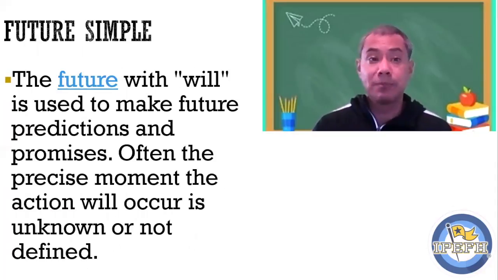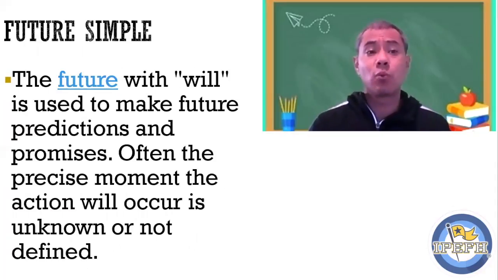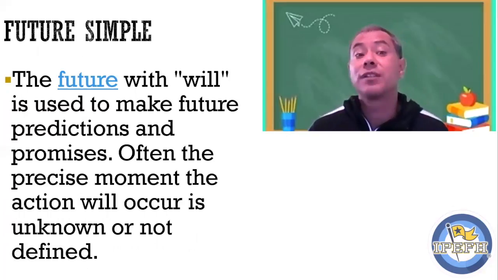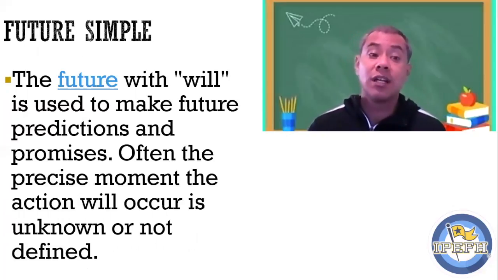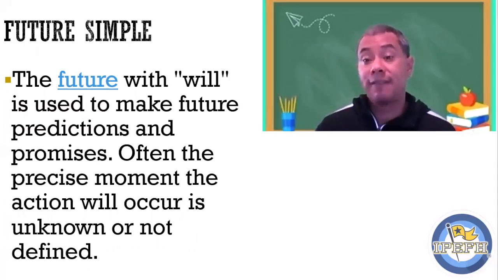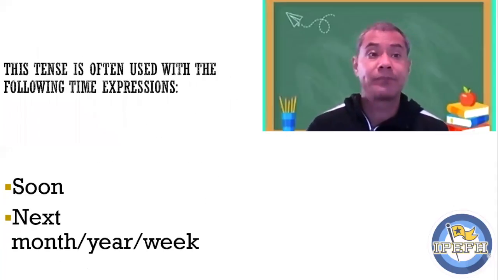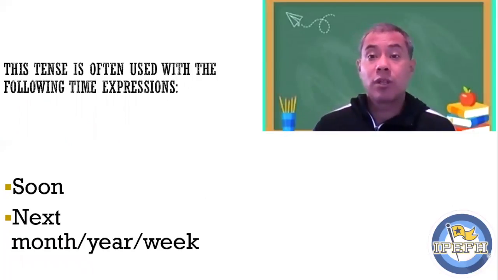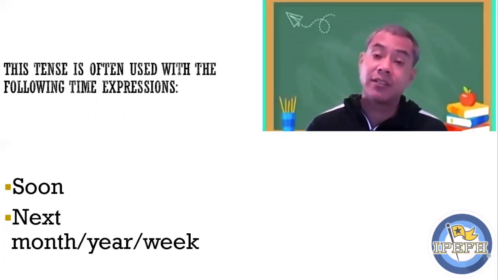Now future simple. Future simple with will is used to make future predictions and promises. Often the precise moment the action will occur is unknown or undefined. With this sense, we usually use words like soon, next month, next year, next week.